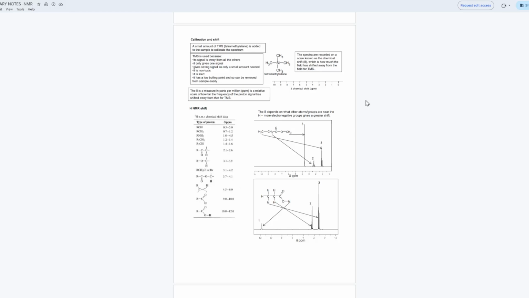Then there are all these explanations here. The spectra are recorded on a scale known as chemical shift, in parts per million, which is how much the field has shifted away from the field for TMS. TMS is used because it gives a signal away from all the others.